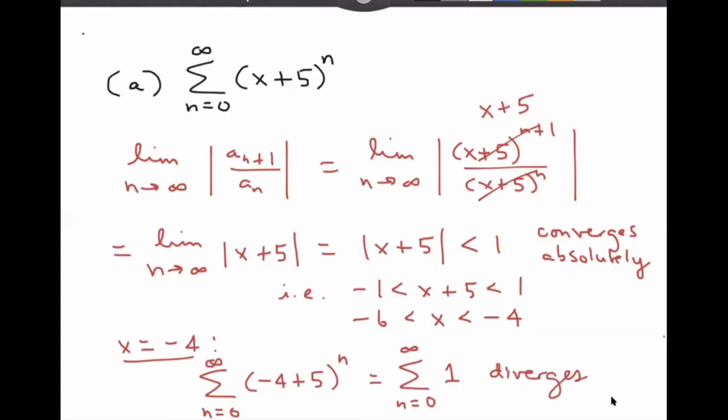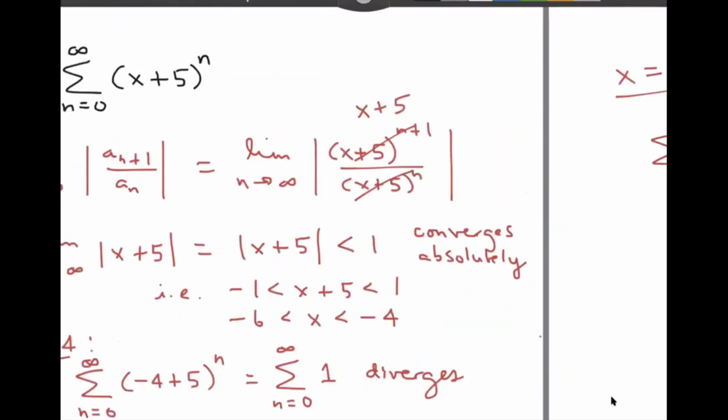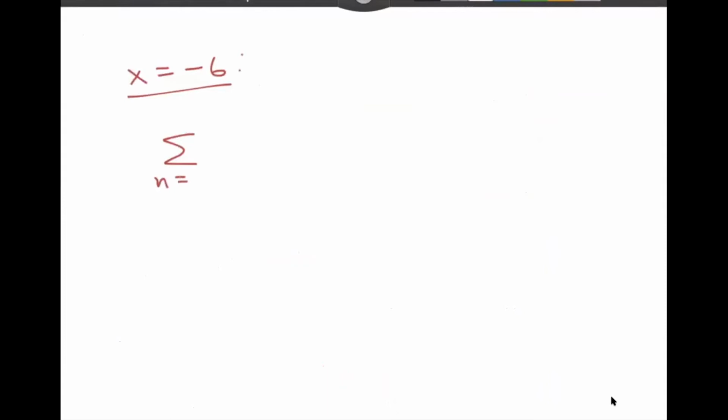And when x is -6, we have the sum n going from 0 to infinity of (-6 + 5) to the n.